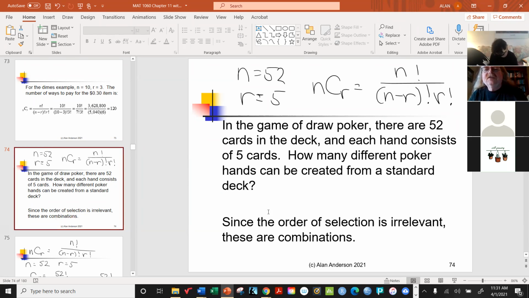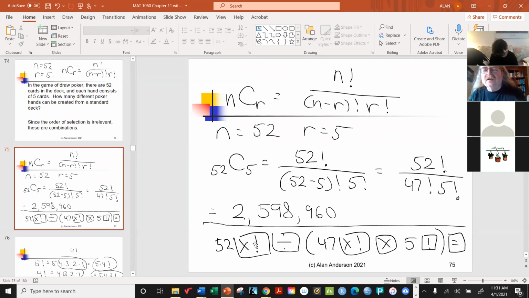All right, let me show you how it's done with the calculator. At the bottom, those are the keystrokes. What's different now is that you have a product in the denominator, so you'll need a set of parentheses. The answer is 2,598,960. How do we get that?